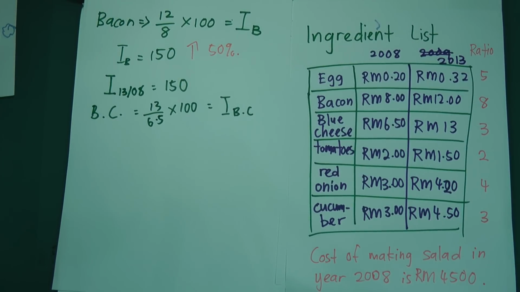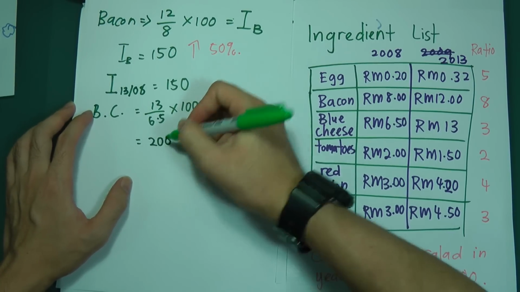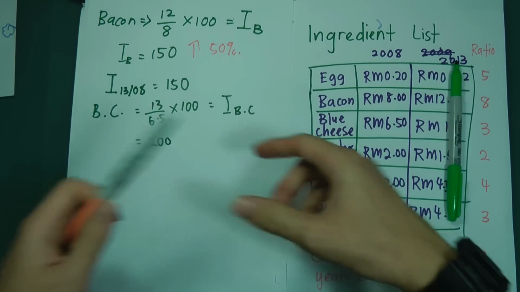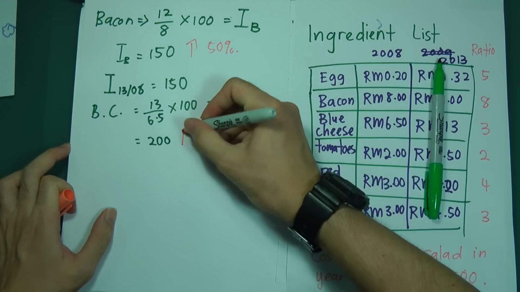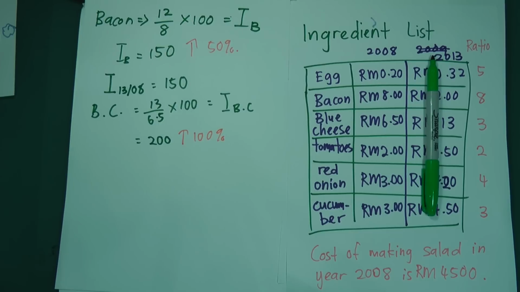Same thing, you just press the calculator and you will get 200. If you got 200, it means the blue cheese has already increased 100% compared to 5 years ago.